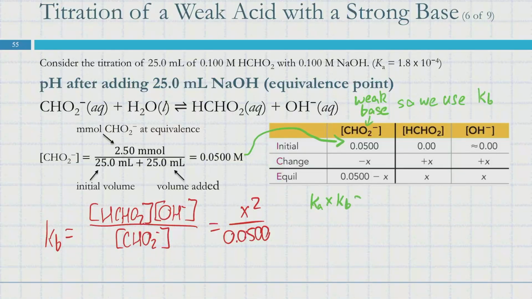Ka times Kb at 25 degrees Celsius equals 1 times 10 to the minus 14. So our Kb should be 1 times 10 to the minus 14 over 1.8 times 10 to the minus 4, or 5.5 repeating times 10 to the minus 11.